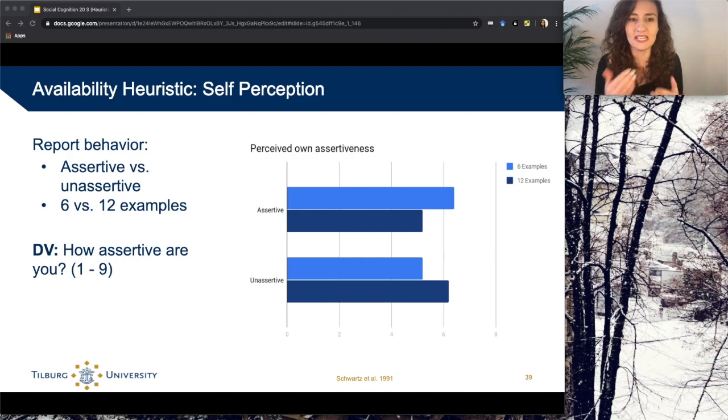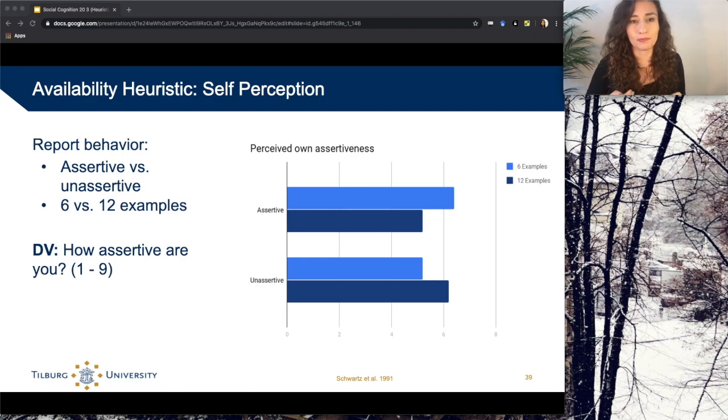If we look at the data here, we can see the ratings of own assertiveness, in this case somewhere between 0 and 8. Now we have this split by whether participants were asked to report assertive or unassertive behavior, and then split again by whether they were asked to give 6 in light blue or 12 in dark blue examples. And what can we see?